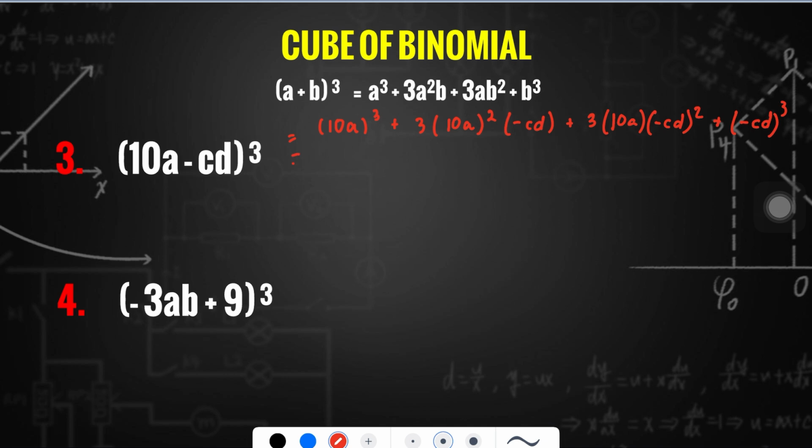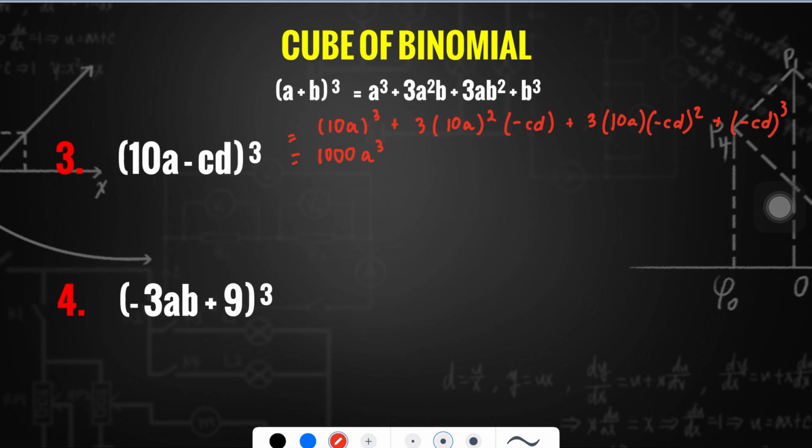Evaluate: 10 times 10 times 10, what's the answer guys? I think that's 1,000. Let me just double check. 10 times 10 is 100 times 10, that's 1,000. So 1,000a cubed.